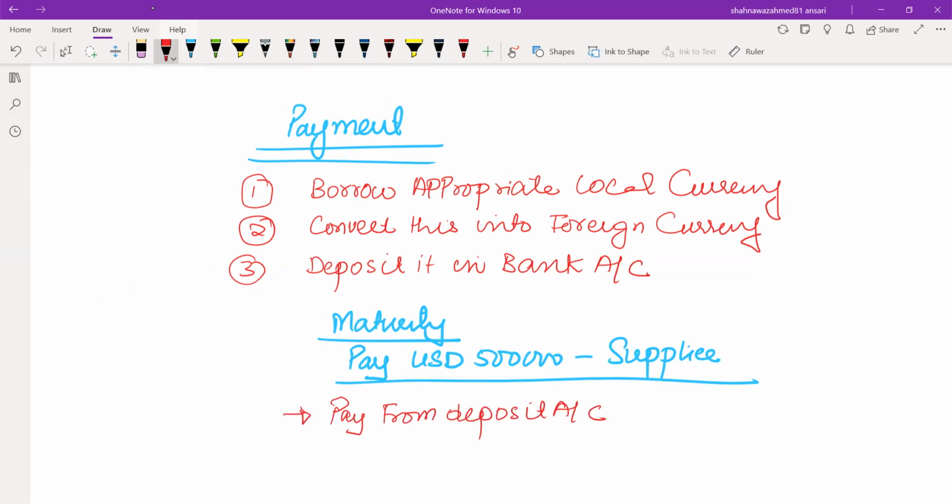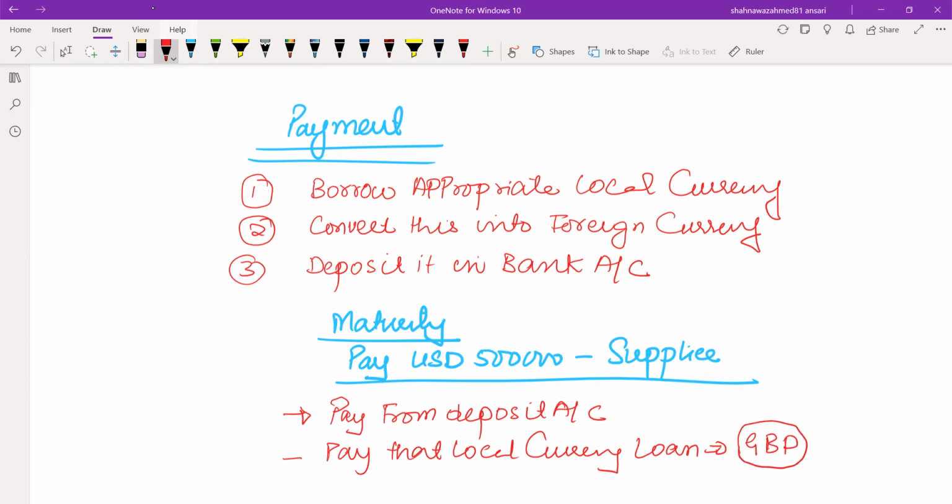Now you have already borrowed the appropriate local currency, so now pay that local currency loan. So at the end, you have to pay USD 500,000, but you're paying it in local currency, that is GBP. So you have converted your foreign currency liability into your local currency.